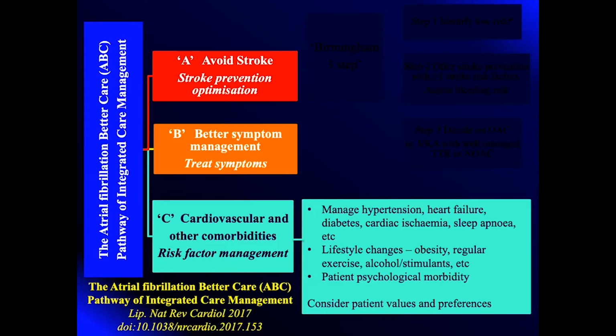So the C of the ABC pathway requires optimization and management of cardiovascular and comorbidities. This includes the management of hypertension, heart failure, diabetes, cardiac ischemia, sleep apnea, etc. Attention is required to lifestyle changes like managing obesity, regular exercise, alcohol or stimulants, and not to forget the patient's psychological morbidity. And central to all this is the patient, him or herself, and their patient values and preferences with shared decision making.